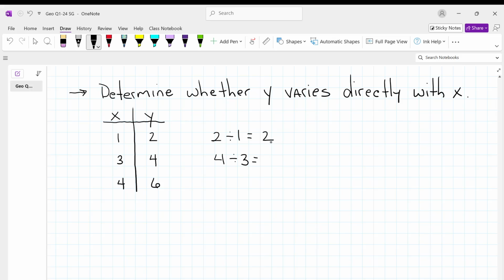Does it equal 2? 4 divided by 3 equals 1.3. So look, if y divided by x doesn't equal the same thing every time, then they don't vary directly. So in this case, we would say no. The constant is not the same.